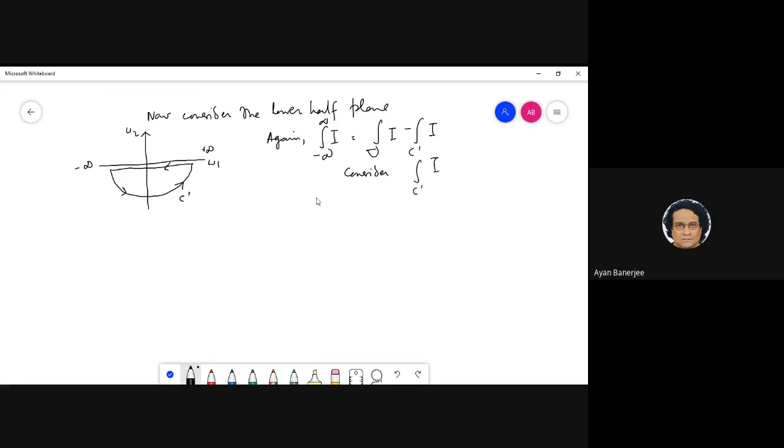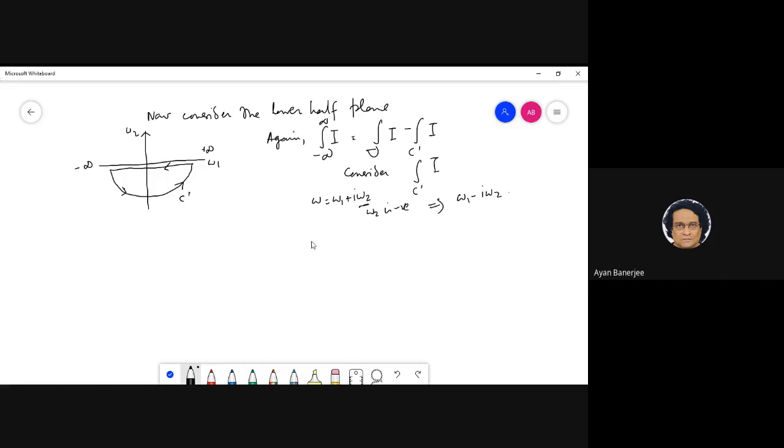Okay. So you know that omega is omega 1 plus i omega 2. Omega 2 is negative now, which means it becomes omega 1 minus i omega 2, obviously. Right?